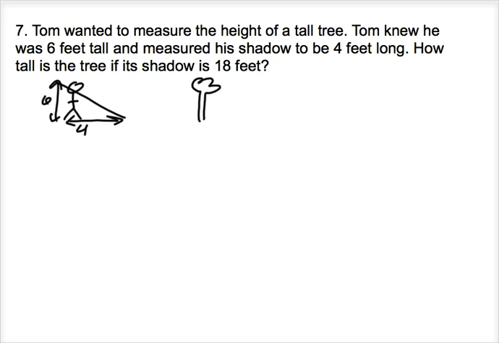If the tree has a shadow of 18, and I want to figure out how tall it is, well, if you did this at the same time of the day, they'd be similar triangles, so you should be able to set up a proportion. I'm just going to set up a simple proportion of height over shadow. For Tom, he has a height of 6 over a shadow of 4.